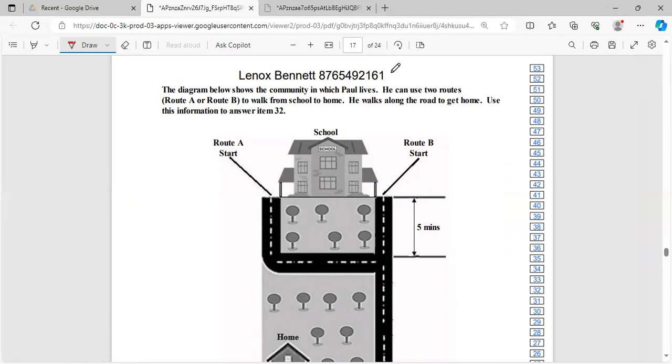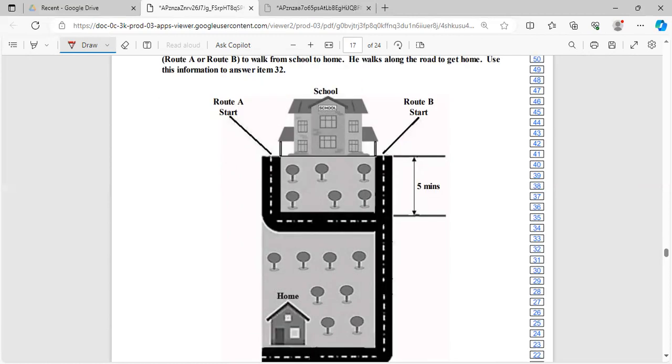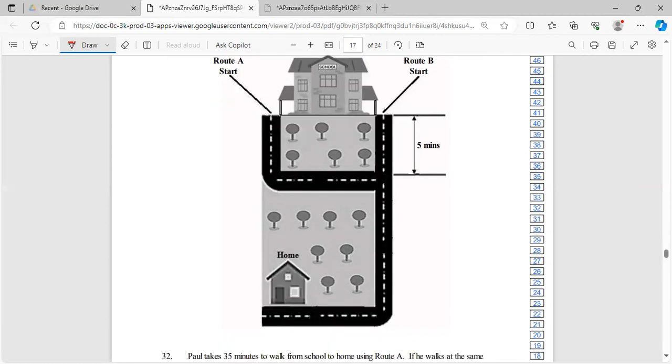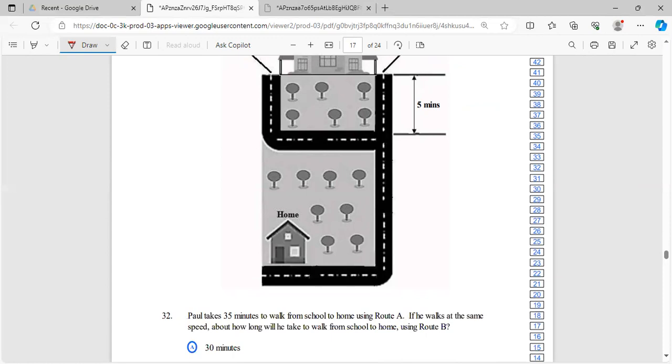So here we have his school, and we have route A and route B, and they give us the little 5 minutes thing. Paul takes 35 minutes to walk from school to home using route A. If he walks at the same speed, how long will it take for him to use route B?